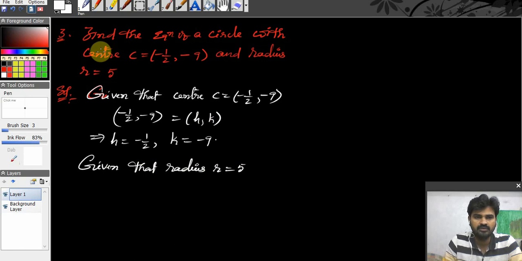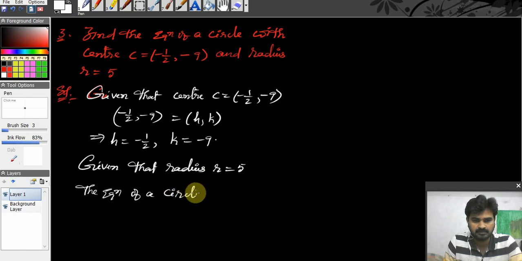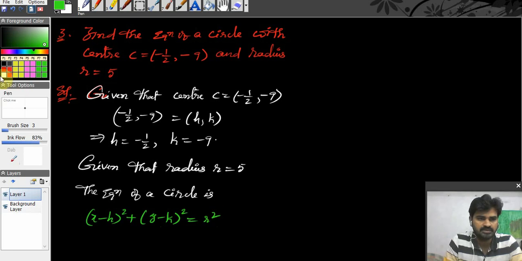So what do you have to find here? The equation of the circle. What is the formula we have to write? We have to write x minus h whole square plus y minus k whole square is equal to r square. Now substitute h and k values carefully here.